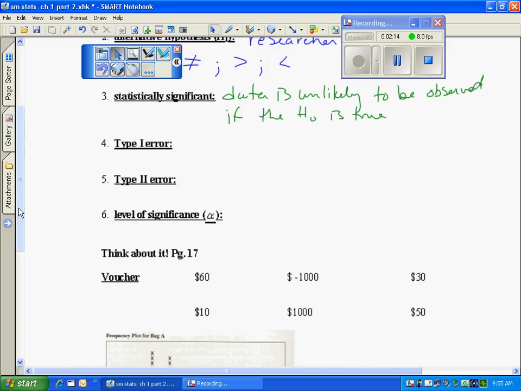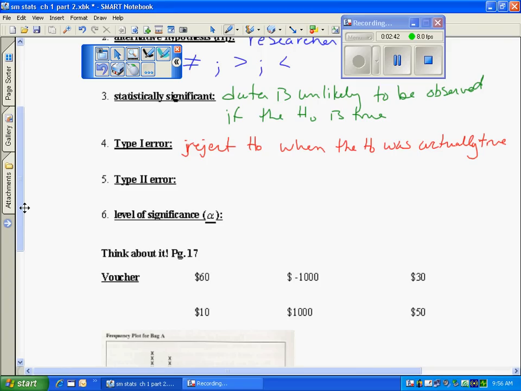A type 1 error is when I reject the null when the null was actually true. So I have these errors, and I often don't know for sure if I've made an error because I can never look at the entire population. But if I was to reject the null when the null was really true, that is a type 1 error.